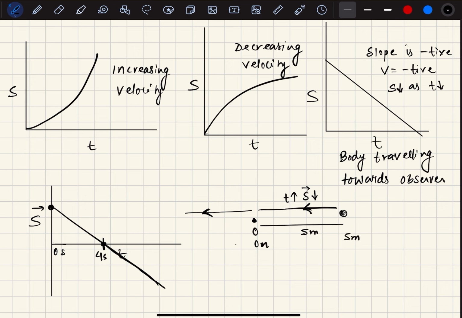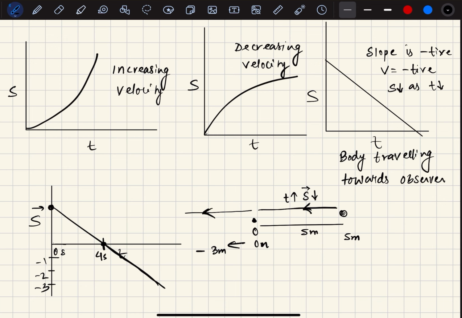Say it has gone to 3 meters. So displacement can be negative. That is why the displacement has gone to the negative axis of y. As it has gone on the opposite side, displacement will be negative. Clear? It's very important.